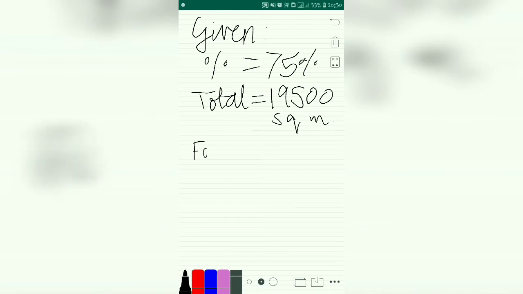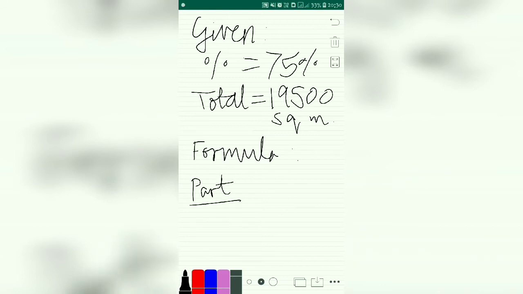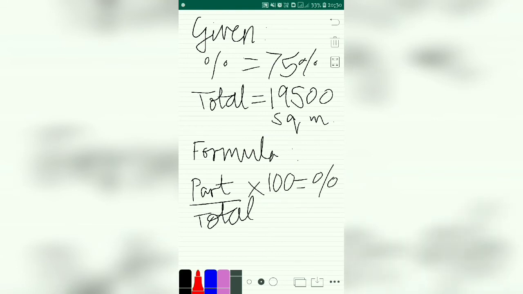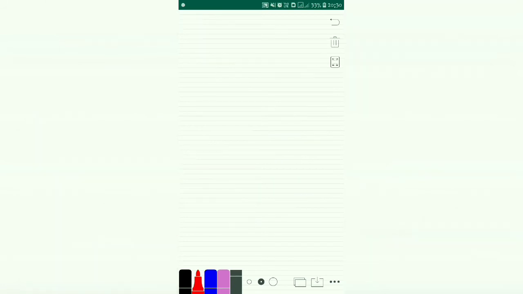After this, you have to write the formula. Part upon total into 100 is equal to percentage. After writing this, you have to write the solution.